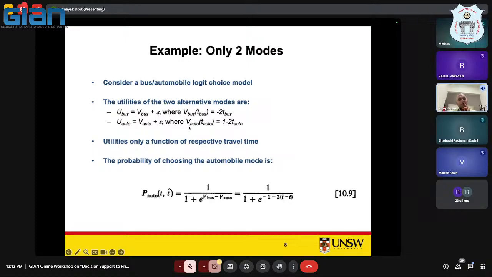And the value of auto, the utility of taking a car, is 1 minus 2 times travel time of auto. So what is this telling you? That the 1 is telling you there's an inherent bias towards going by car. So the probability of choosing the automobile mode is 1 divided by 1 plus e to the power V bus minus V auto. So that becomes 1 divided by 1 plus e to the power minus 1 minus 2 times T cap minus T, where T cap is the time taken for the bus.